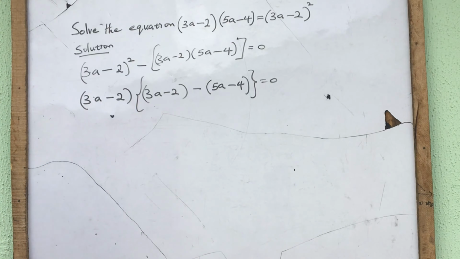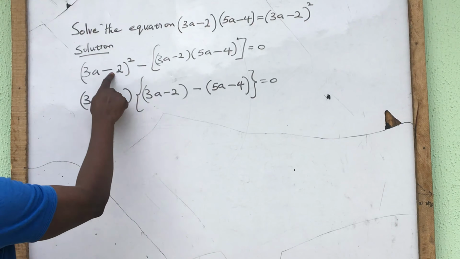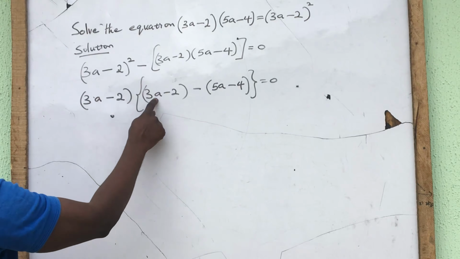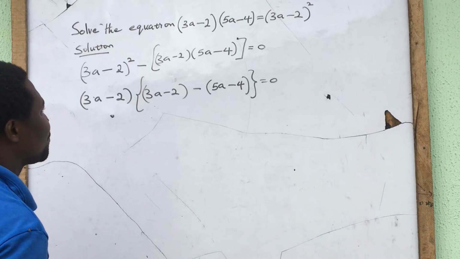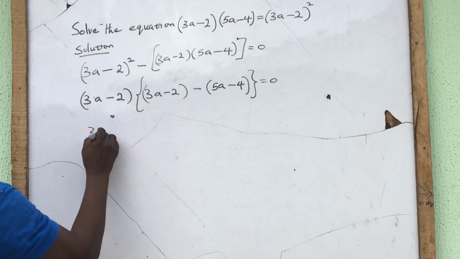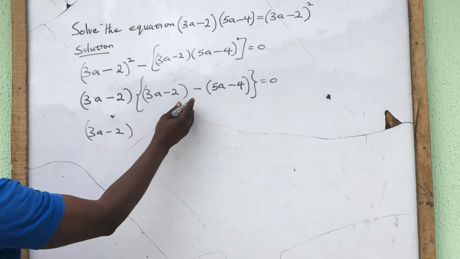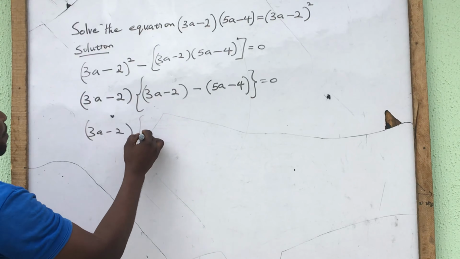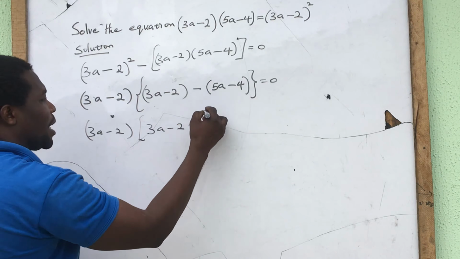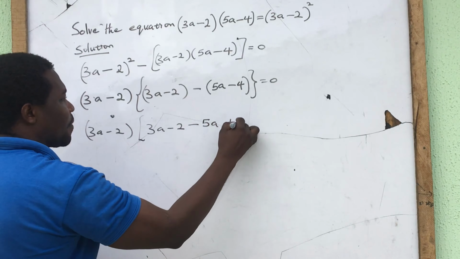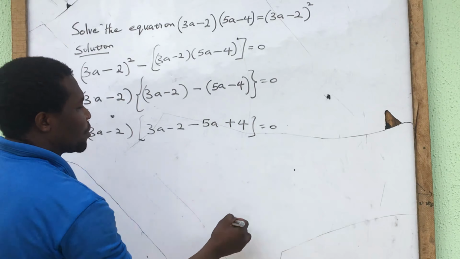So if you understand that, I factored 3a minus 2 out, with 1 here and 1 here. Let's open this bracket and see what we have. We have 3a minus 2, minus 5a plus 4, minus times minus gives plus 4, equal to 0.